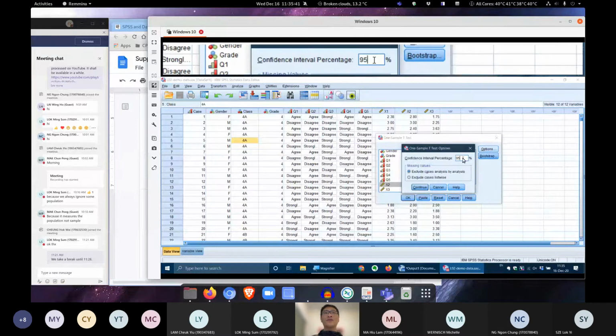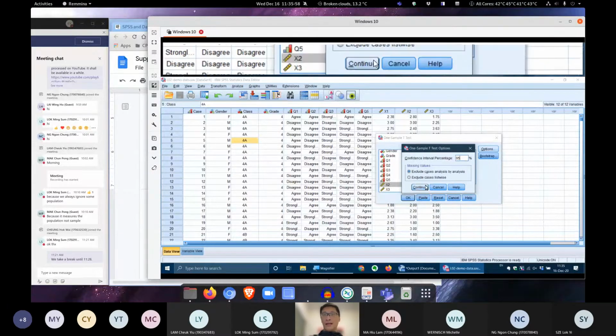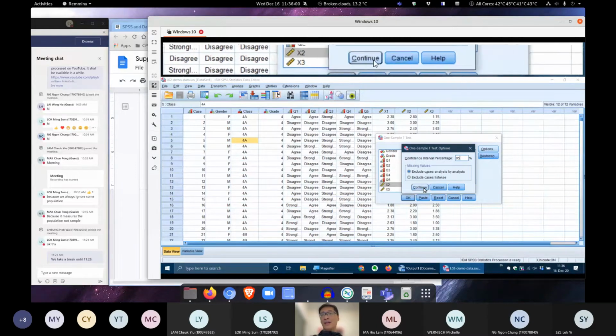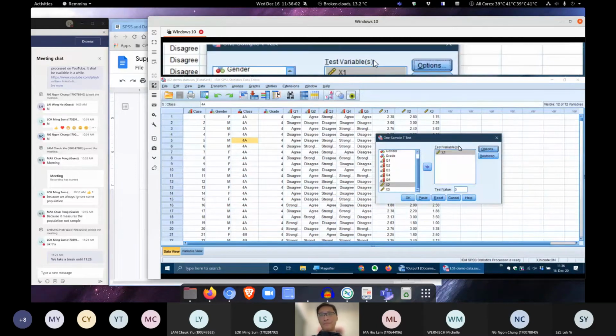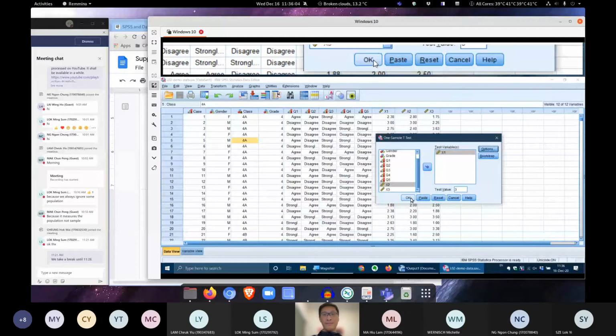Now the option here, you can enter the confidence interval percentage. As I told you, some people use other values and some people use smaller values. So 95% is the default value. Okay, so I click OK, continue here. Yeah, we do not change that. And then we click OK.